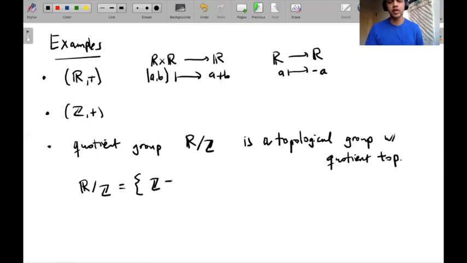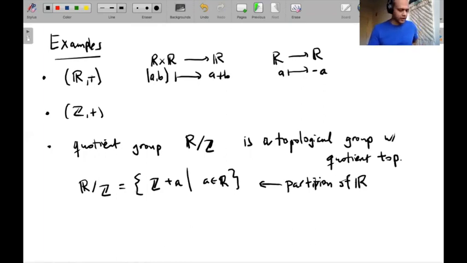It's Z plus A. These are cosets where A is in R. And this is a partition of R. And so we can give this the quotient topology.